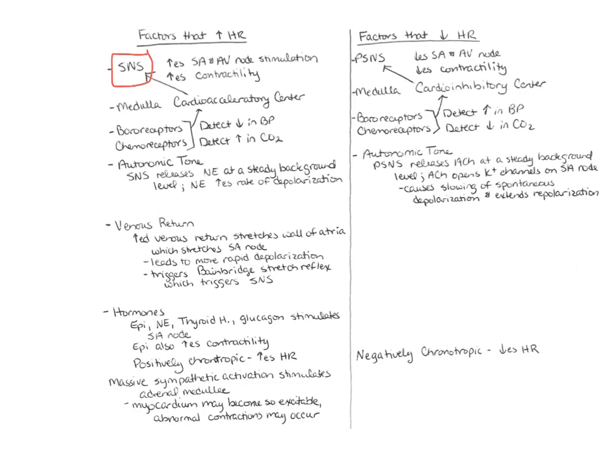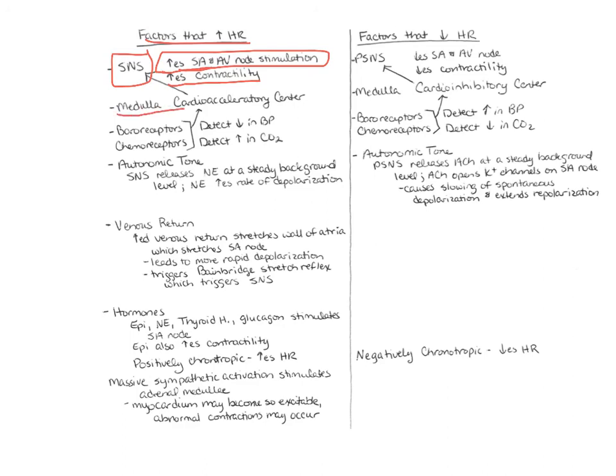Sympathetic nervous system is going to increase the stimulation on the SA node and raise it from where it's normally at rest. And it also increases contractility, so you're going to get an increase in the strength of contractions. So you get a faster heart rate, and you get stronger contractions. Okay? But we're talking about factors that increase heart rate. So we have increased SA node stimulation from the sympathetic nervous system, which increases the heart rate.